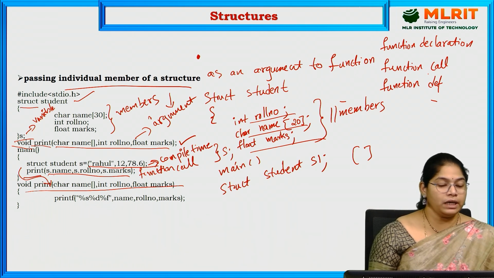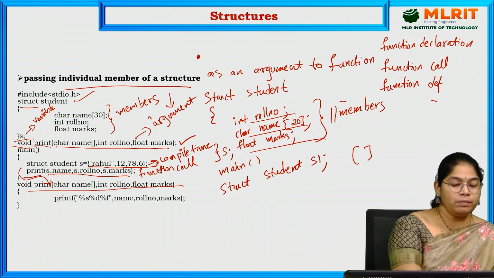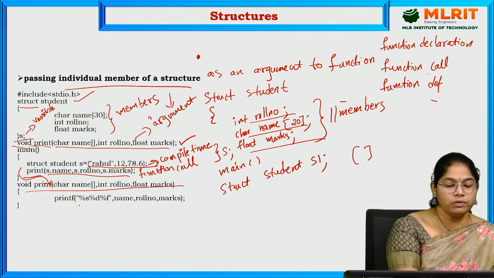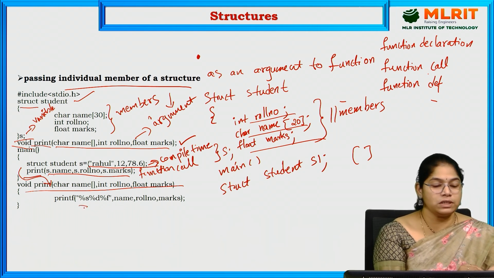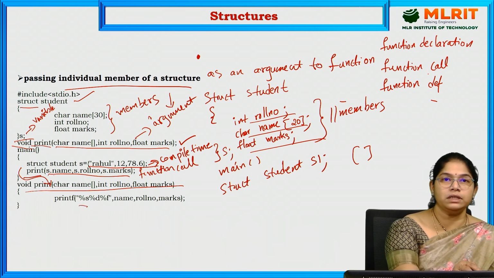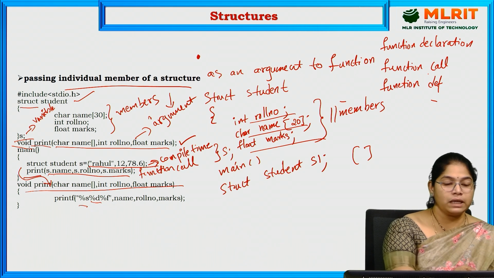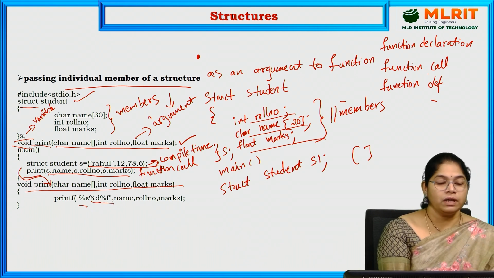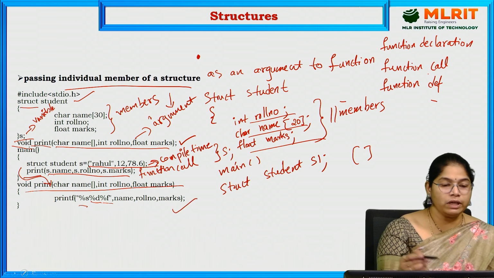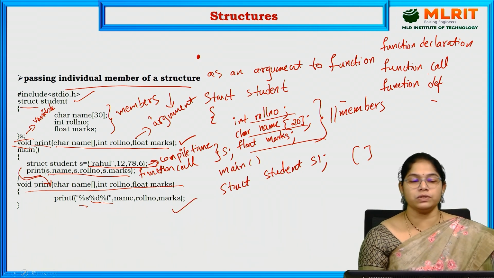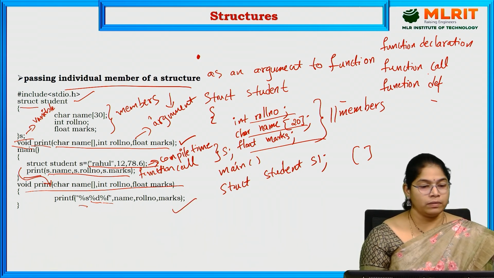So I am printing the values, where name is a character array, so I am using the format specifier %s. Then roll number is of type integer, so %d. Marks is of type float, %f. And the members of the structure are name, roll number, and marks. So in this way, we can pass individual members of the structure as an argument to the function.